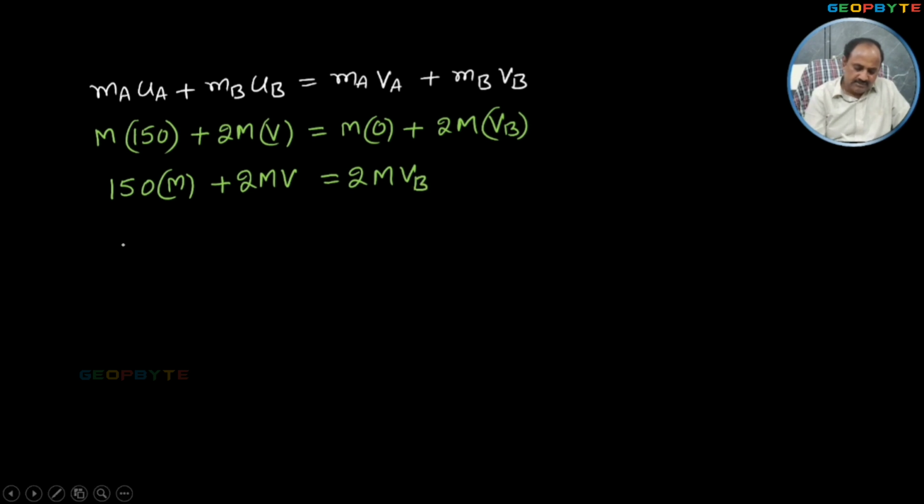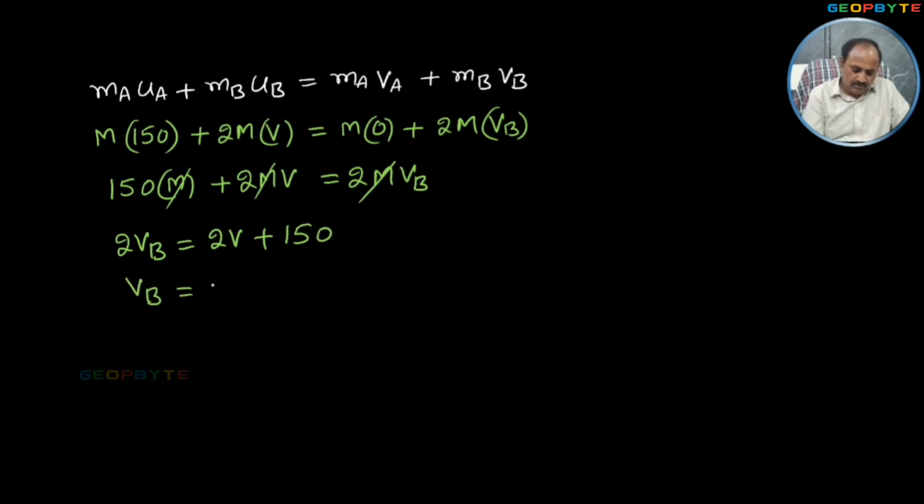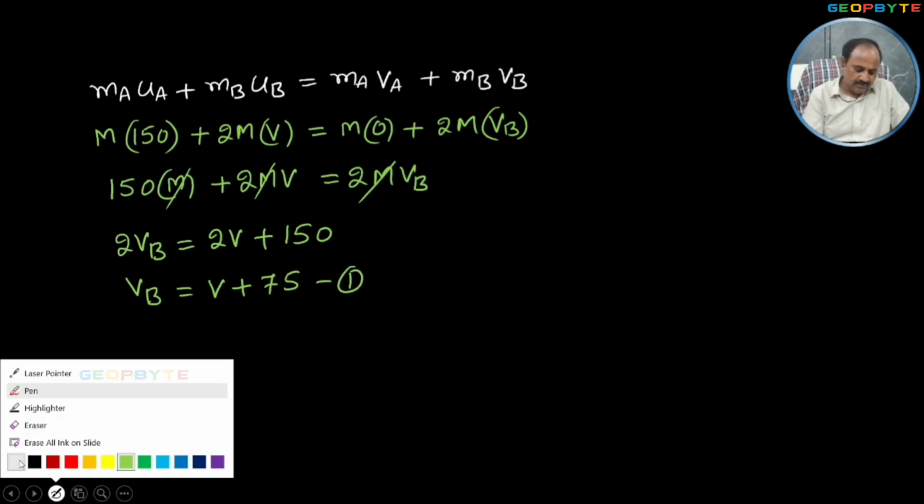Capital M is cancelled on both sides. 2Vb equals 2V plus 150, which can also be written as Vb equals V plus 75. Let this be equation 1.